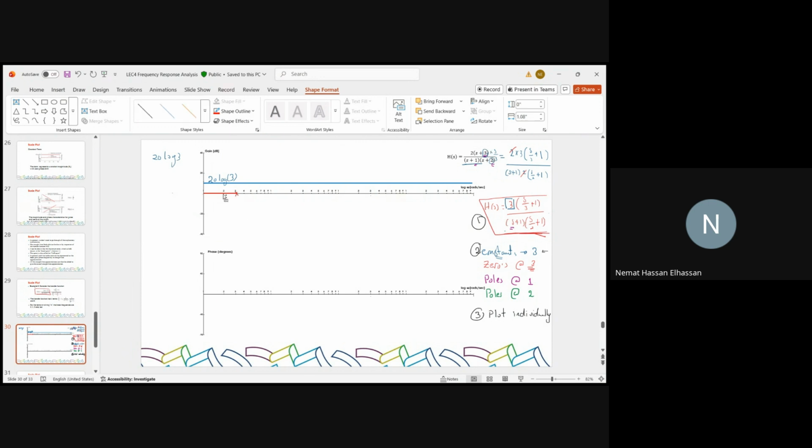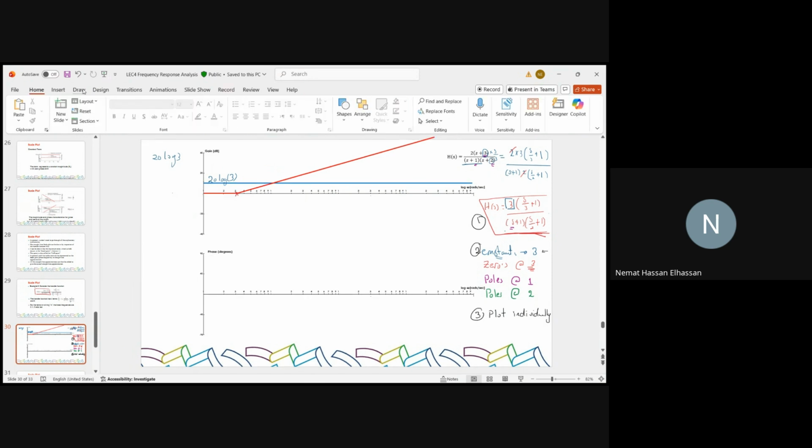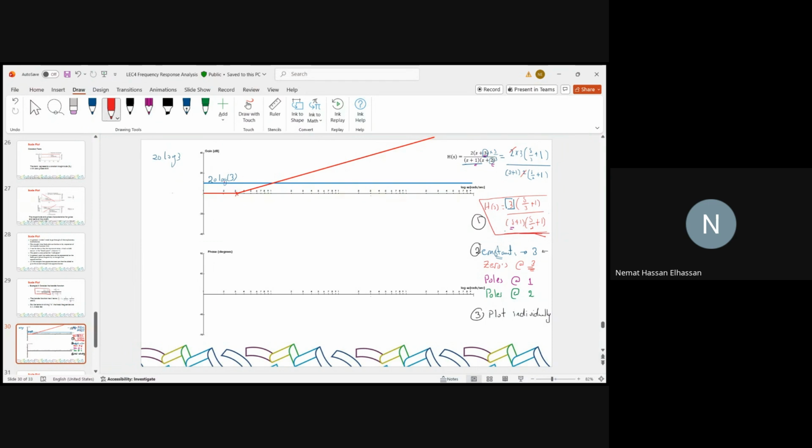And then at the break frequency, something happens, which is you start to increase in gain, and that increment in value is basically 20 decibels per decade.